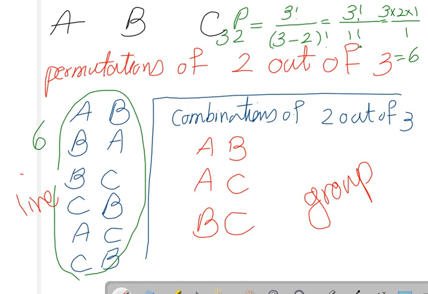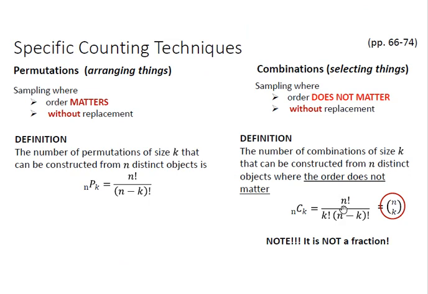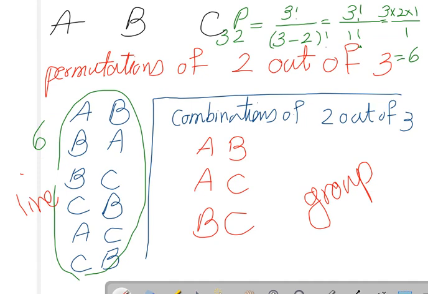But about combination, the formula is n factorial over k factorial times n minus k factorial. So here we have the combinations of 2 out of 3, so it is n factorial over k factorial times n minus 2 factorial.